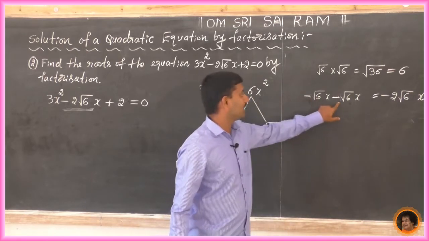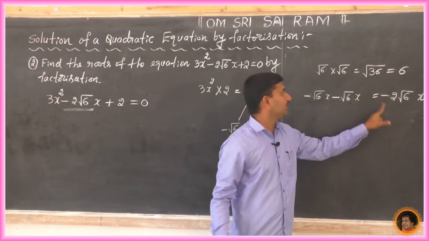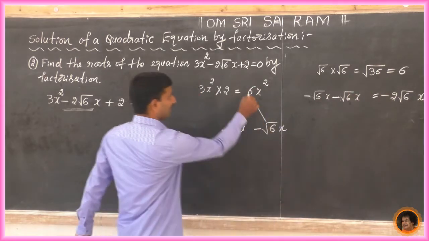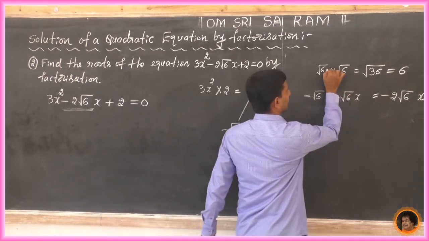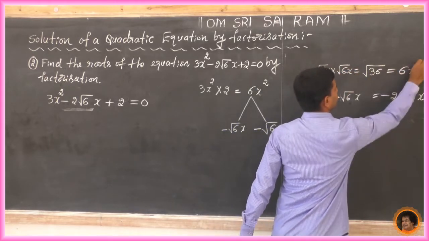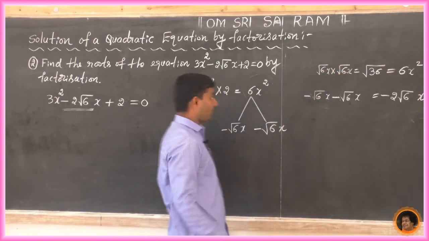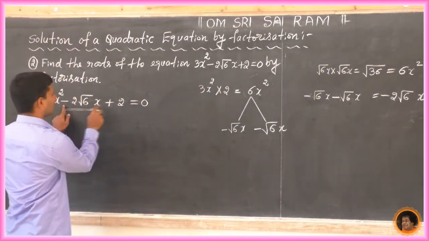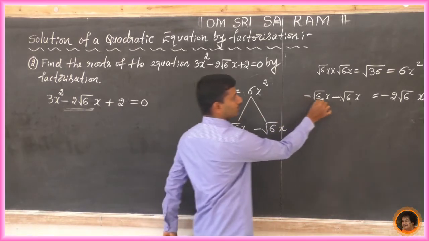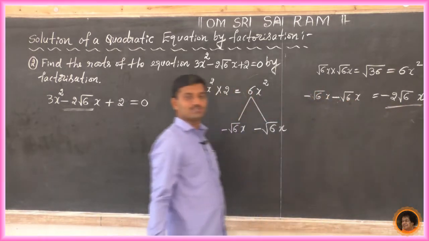The product is 6x square, root 6x into root 6x. What is the sum? Minus 2 root 6x.